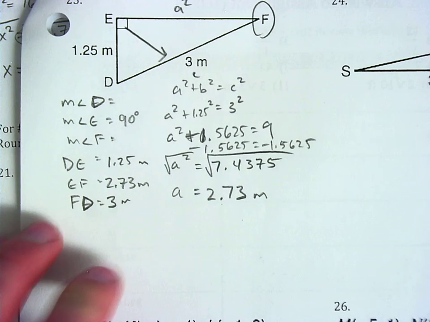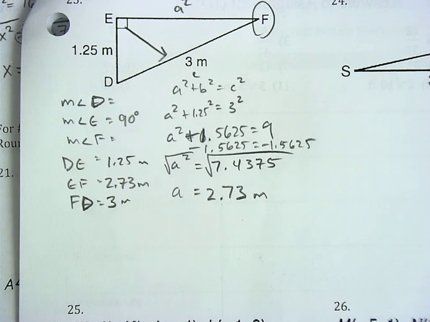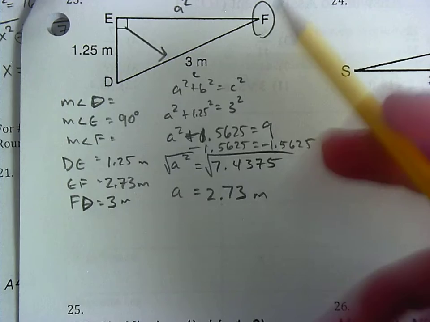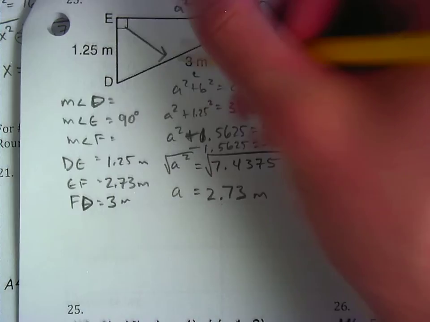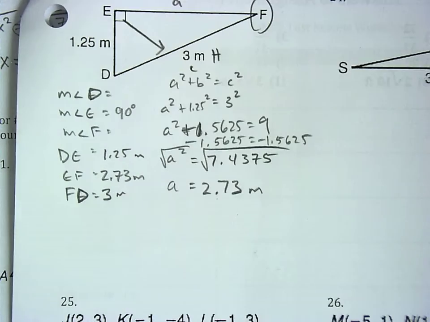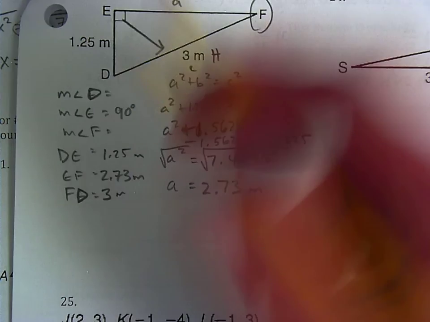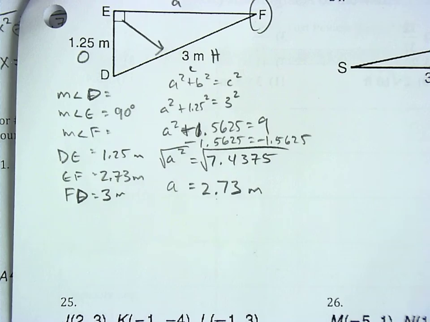So if we're starting from F, we want to find angle F. Already I know that I need to do the inverse because I'm finding the angle. But starting from angle F, I only want to use what they give me. We already decided 3 is the hypotenuse, but from angle F, 1.25 meters is the opposite side.